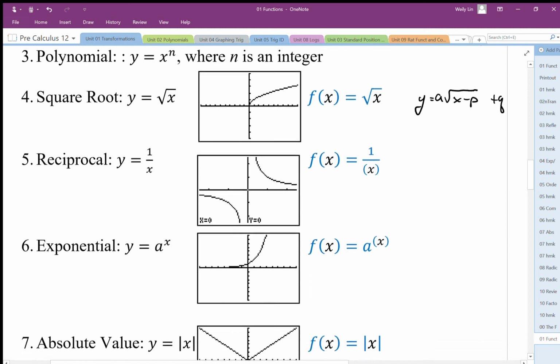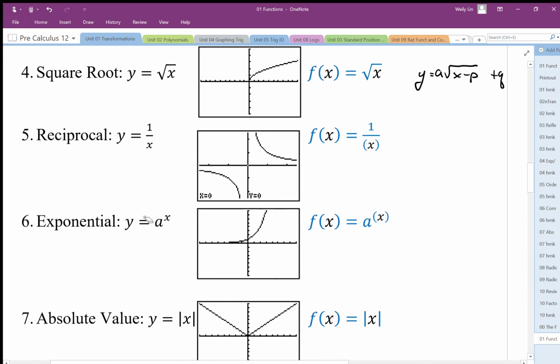The exponential function is when we have the variable in the exponent, so the base stays the same, but the exponent can change. The functional part of that is the actual base exponent part. We can change the inside, and we can get different things going on with this function. But the basic exponential is going to look like this, and all exponentials have basically the same shape.